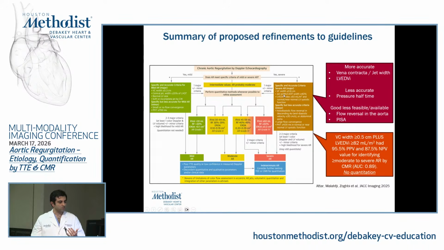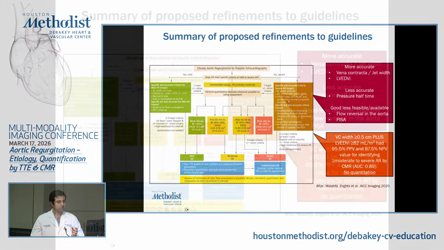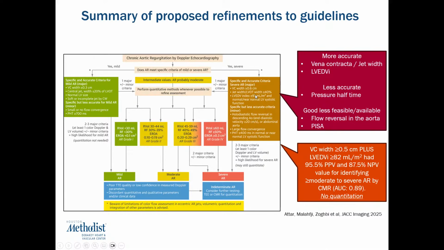So the major ones that you should go by more and more often are the vena contracta width, jet width, now it's at 40%, and then LV dilation. And here we have a specific number for LV dilation, where this is considered moderate to severe dilation based on the current echo guidelines.